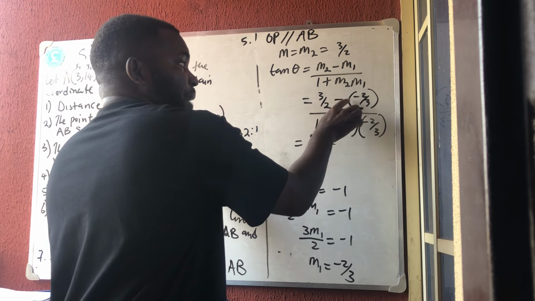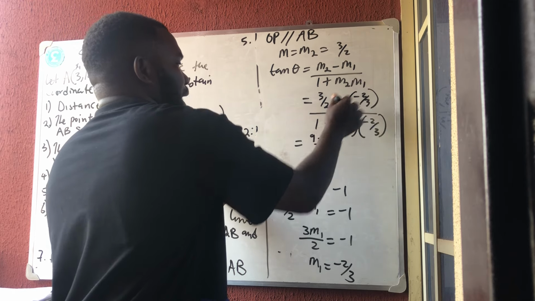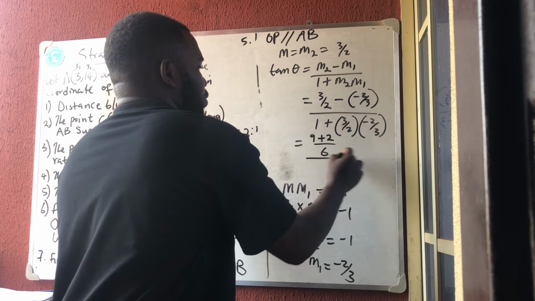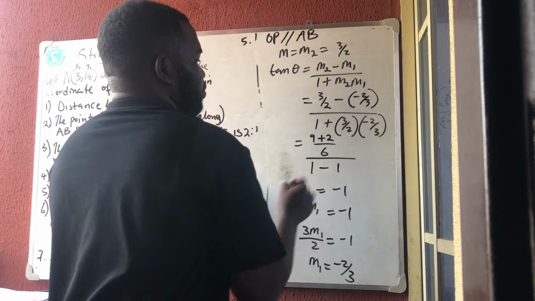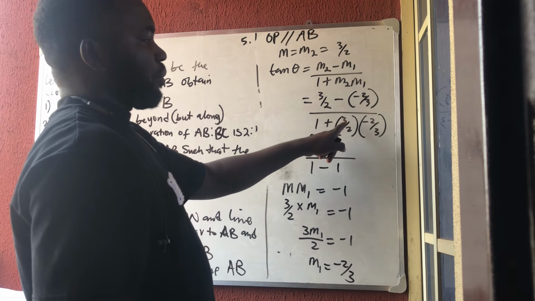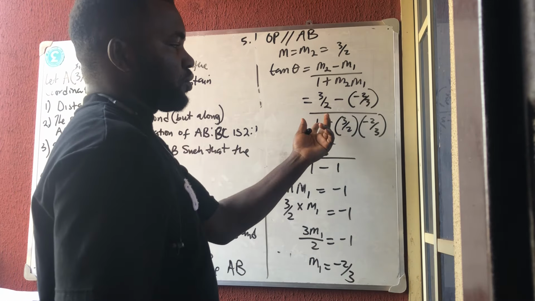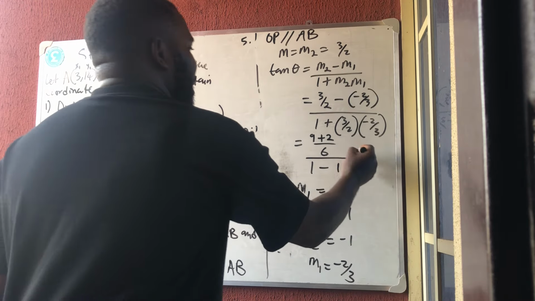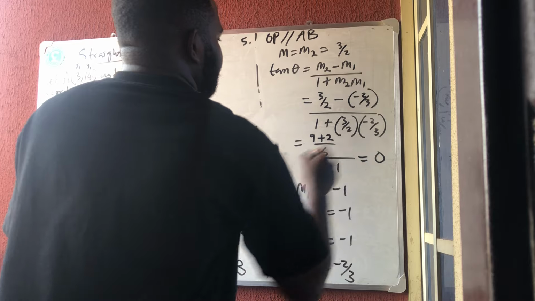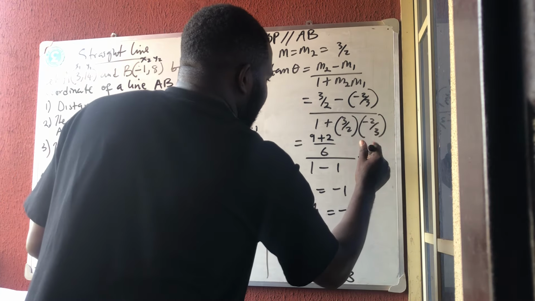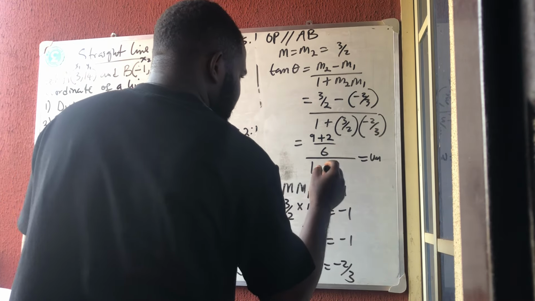Plus, because of minus, 6 divided by 3, 2, times 2, I'm going to have 4, all over 1 plus 1, 1 minus 1. Why do I have 1 minus 1? Because when this is multiplied by this, the 3s and 2s are gone, and plus times minus is minus. And 1 minus 1 is 0. So anything divided by 0 is undefined.